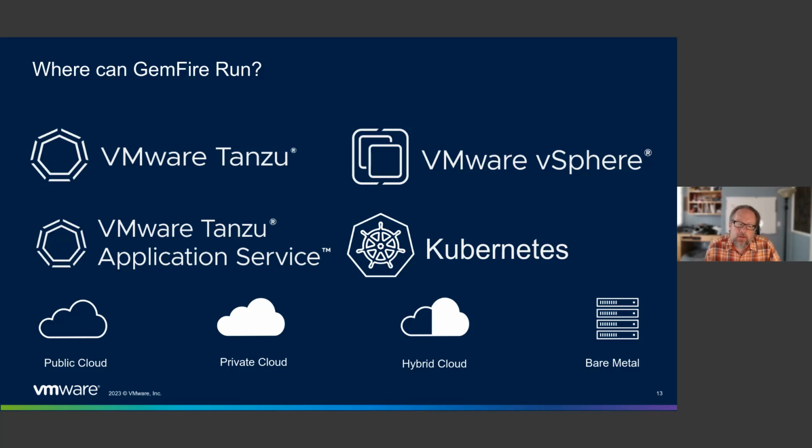So where can GemFire run? We test GemFire and our customers use GemFire just about anywhere. We can run on VMware Tanzu, vSphere, Kubernetes, including OpenShift. We test with that all the time. And where else can we run? Well, public clouds, private clouds, hybrid models.